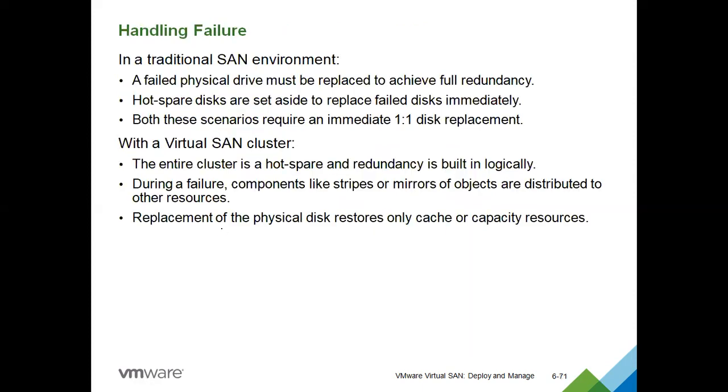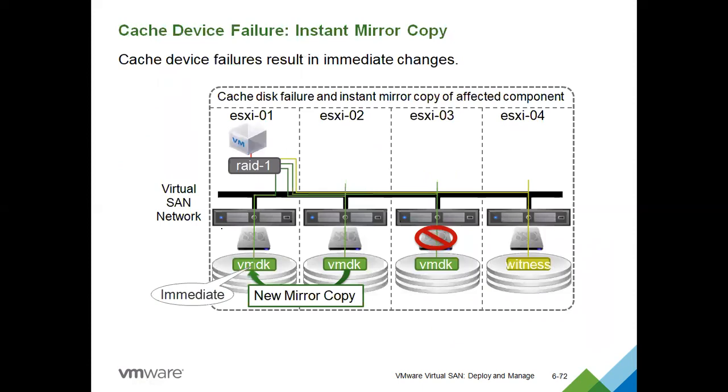That's true. So this is how it handles the failure. There are some examples, like cache device failure. What happens if any host's cache device directly fails? It will be considered degraded, and it will start to rebuild the data on another host. So that's why best practices say if a particular host has a single disk group, the recommendation is always to go with 2 disk groups. Why?